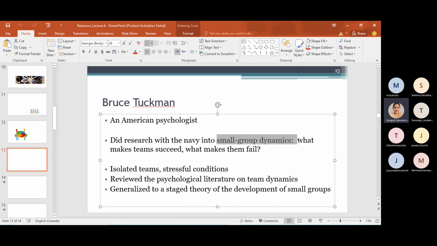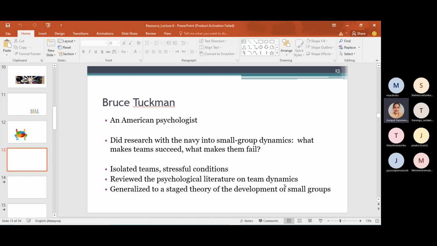He studied what makes teams succeed and what makes them fail: isolated teams, stressful conditions. These are the areas that he studied. He also reviewed psychological literature on team dynamics. Since he is a psychologist, he reviewed whatever literature, research papers or books, had been written about team dynamics.